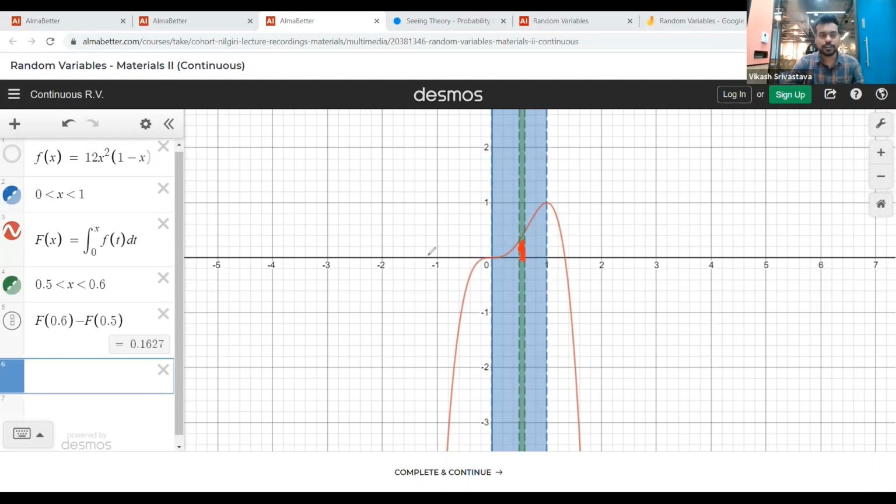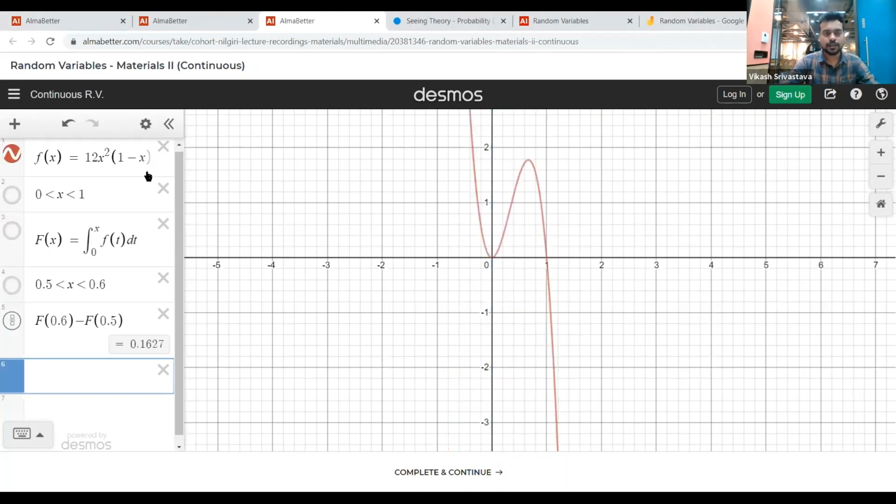In this way we can visualize our CDF and the PDF. I'll just clear the drawing, and then you can again confirm. This is our PDF, and we checked that it is an actual valid PDF because the area under this curve is 1, and of course it is defined in this interval only.